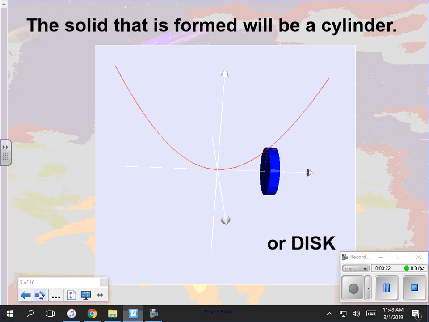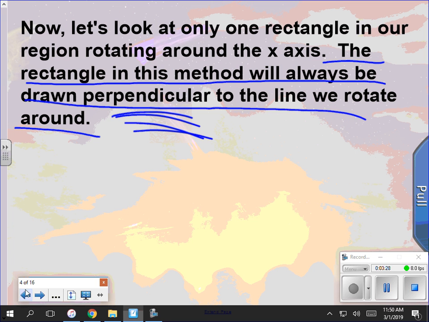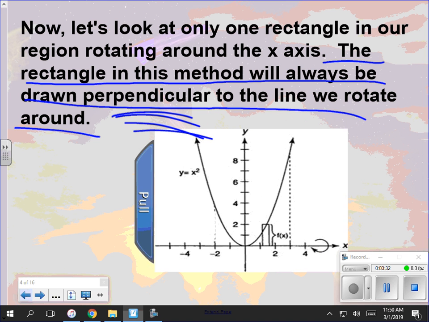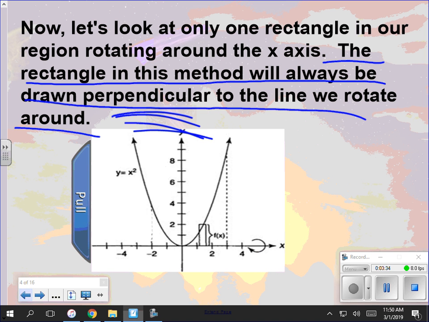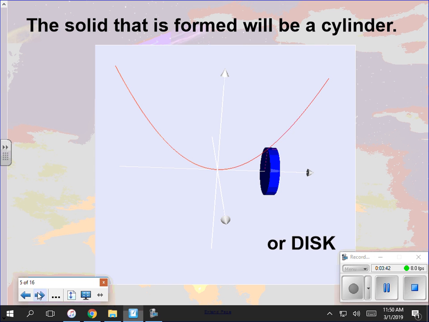So this is what we're talking about. If I take a rectangle, and let's go back. So the idea is we take one rectangle and we spin that around. When we spin that one rectangle around, we end up with that.